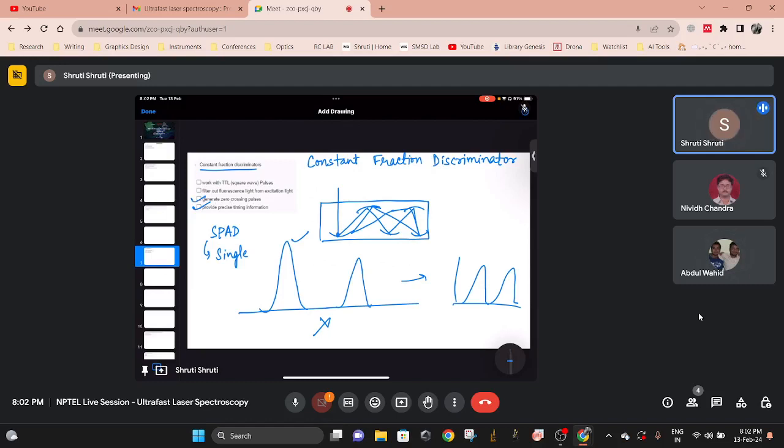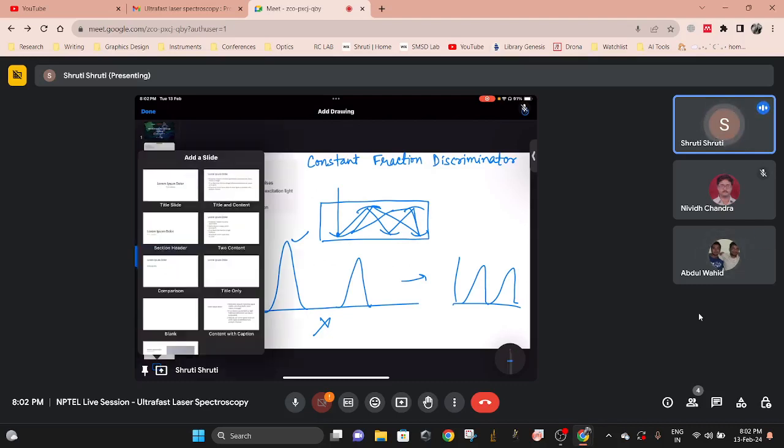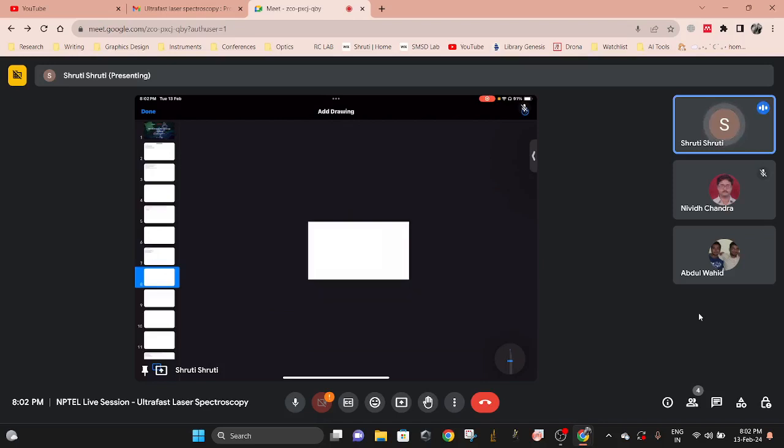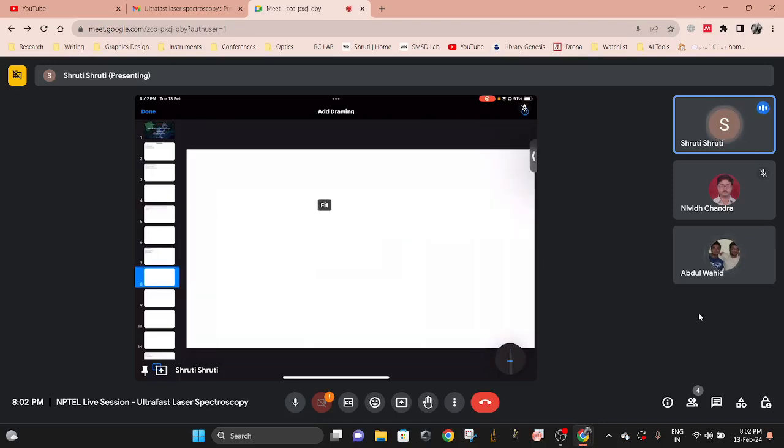Zero crossing pulses, I don't think I can explain properly because I also have a little doubt in this, but it is based on the mechanism of these CFDs.